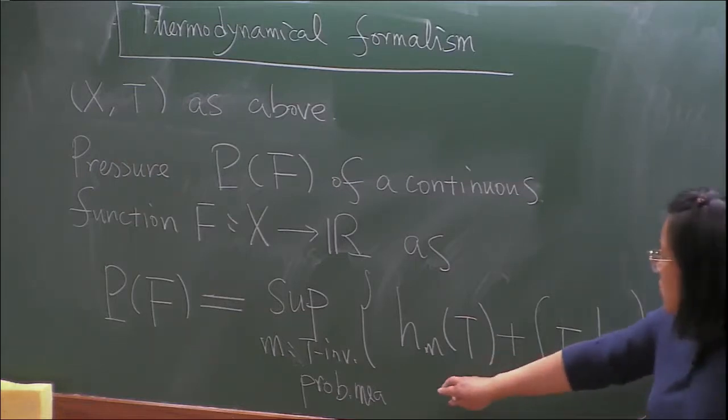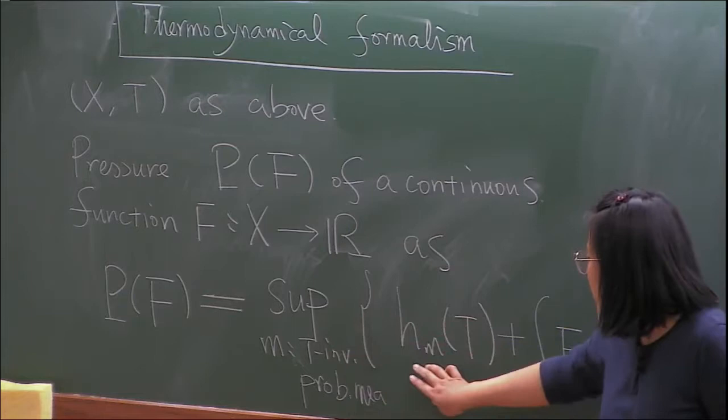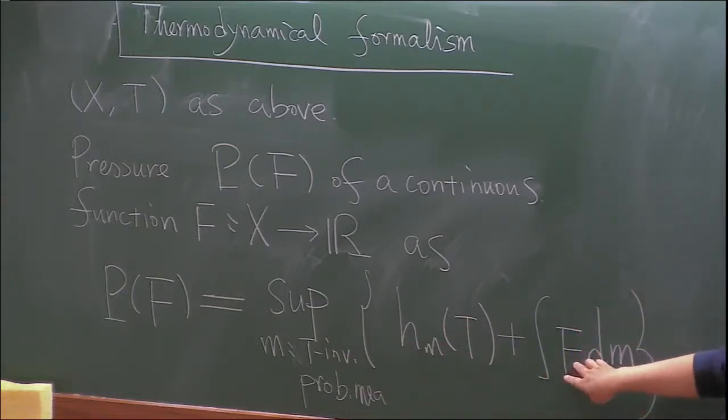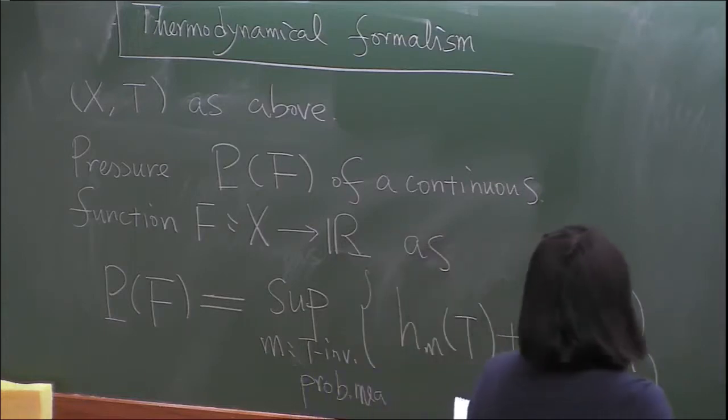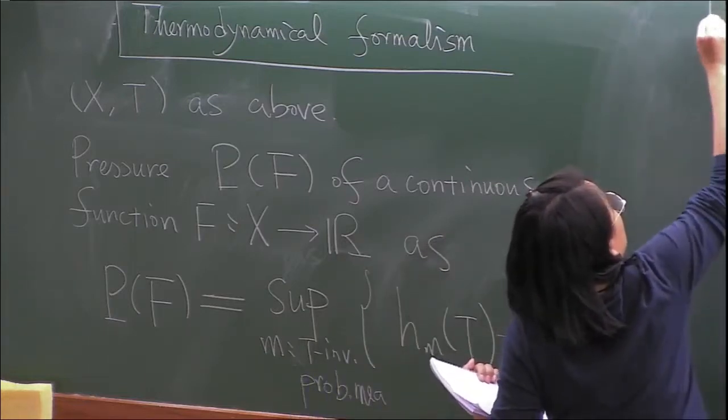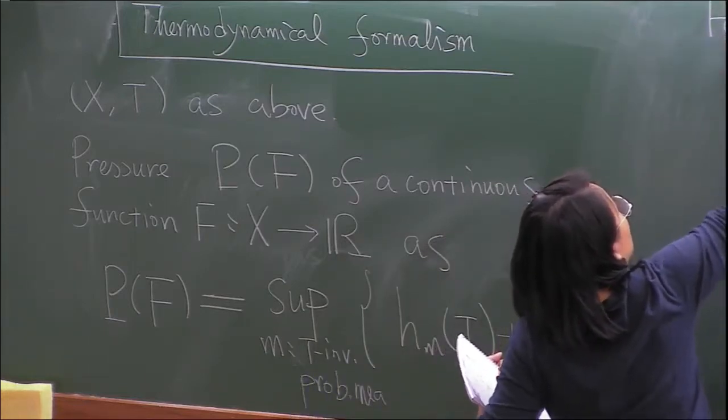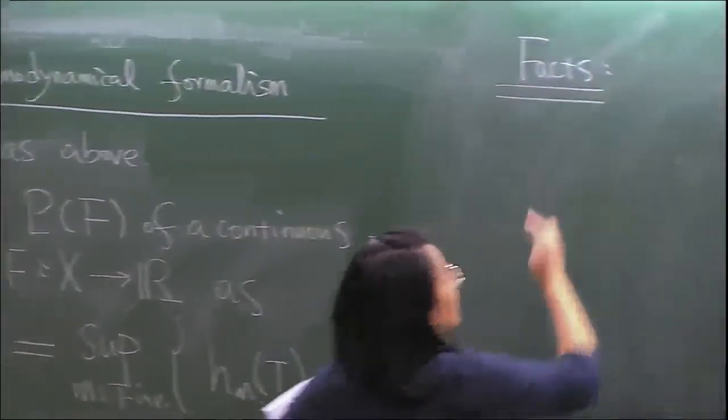So you see that the topological entropy will correspond to the case where F equals 0. Okay, so this is the pressure function. So then what we want to say are several facts, just facts.